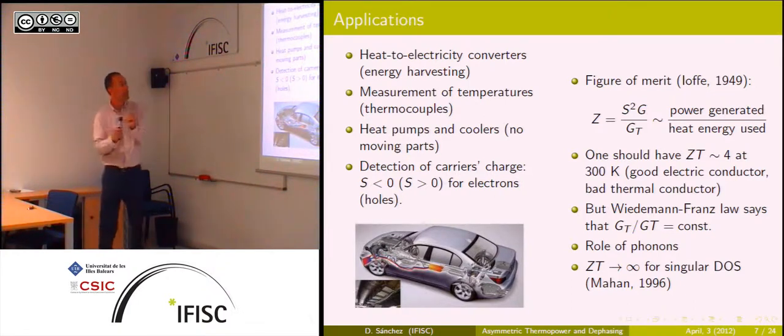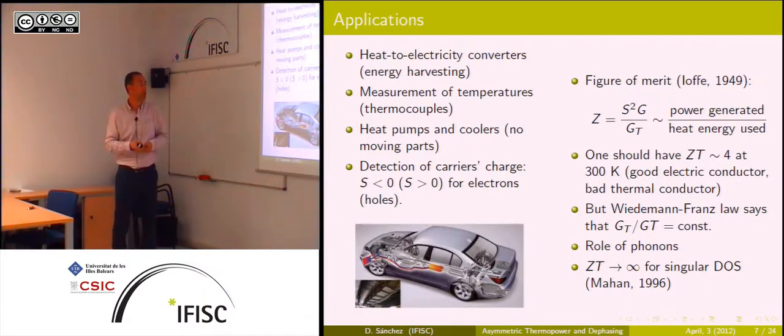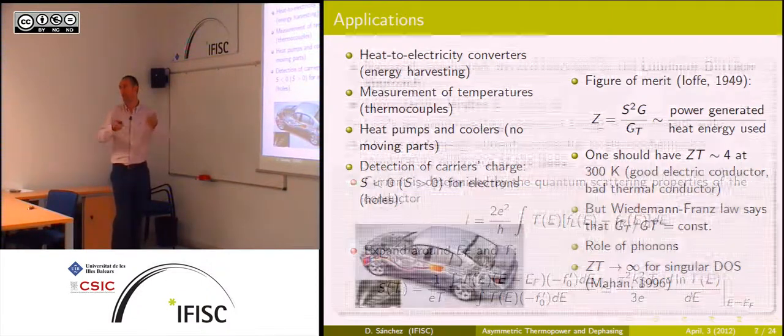He gave an estimation of ZT of the order of 10 or 20, so 10 times larger than normal conductors. But in nanostructures we have a system, the quantum dot, which also shows this singular density of states. So these two things motivate us to study thermoelectricity in nanoelectronic or mesoscopic conductors.